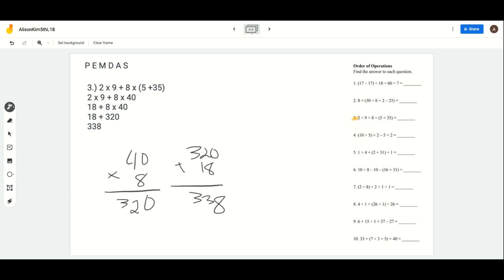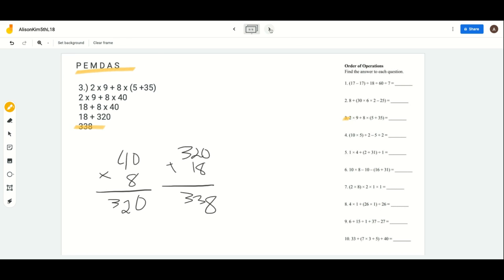And that's our final answer for number 3. You just have to remember this order right here, PEMDAS. And remember that in some cases, when there's a multiplication and division in the same equation, then you just go left to right. The same goes for addition and subtraction.